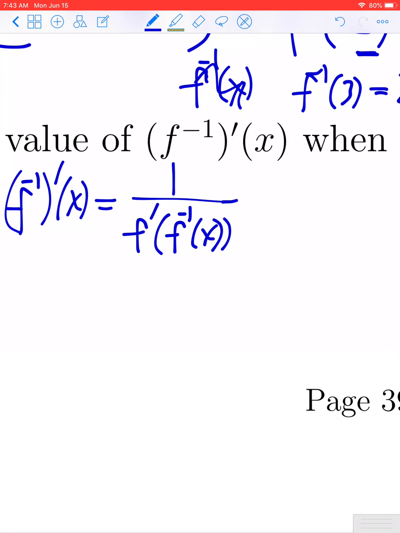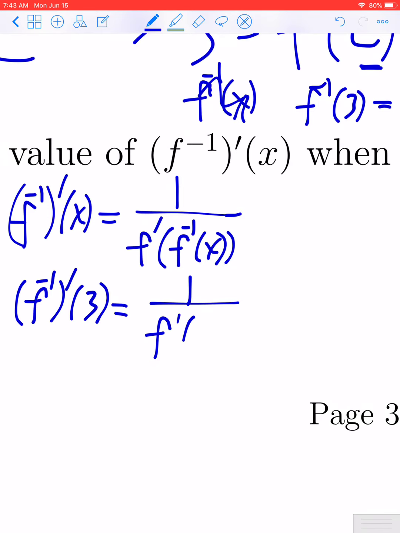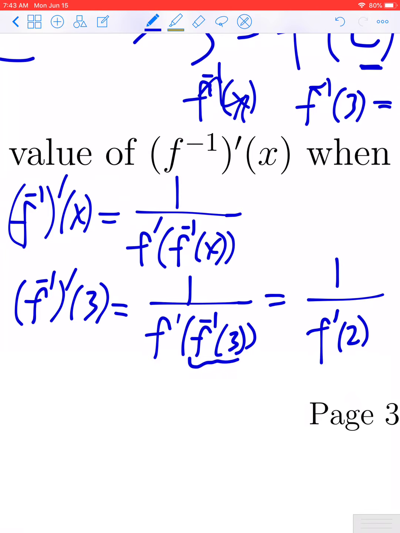And we're looking for f inverse prime of 3. This is going to be 1 over f prime of f inverse of 3. Well, we just saw a moment ago, this part was equal to 2. So it's going to be 1 over f prime of 2.